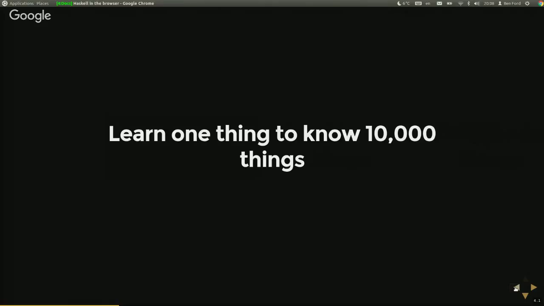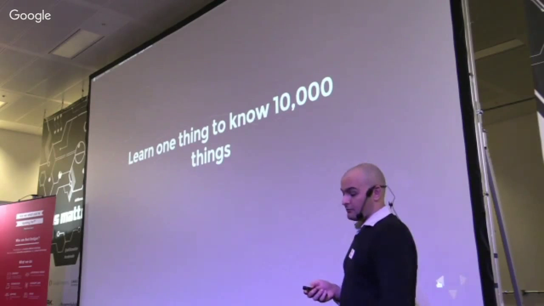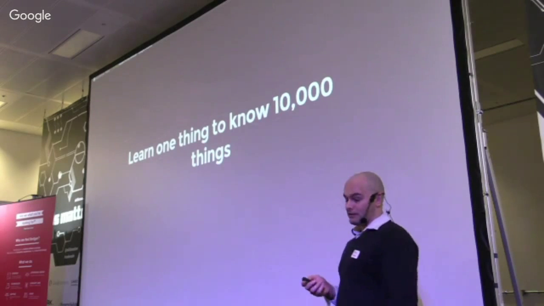So, Musashi's key insights. I did my usual thing. I'm a lazy Haskell programmer. I didn't actually start writing the slides until 3 days ago. But about 4 days ago, I came across this wonderful quote, which is one of Musashi's quotes: learn one thing to know 10,000 things. So the question is, which one thing do we pick?